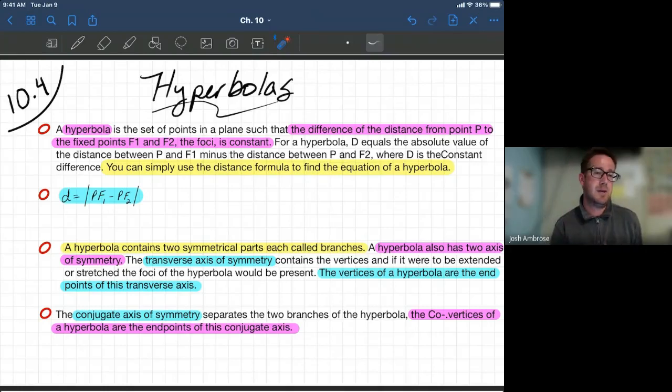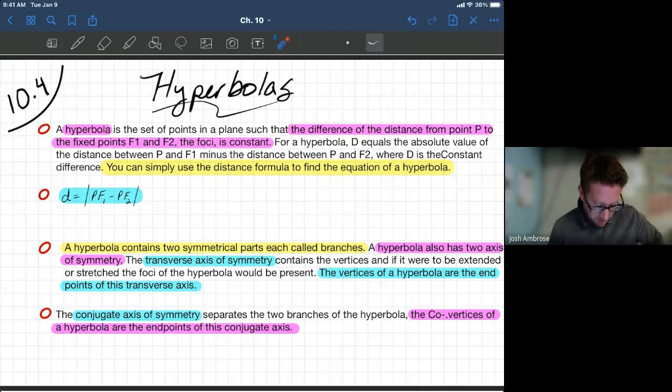So you've got the hyperbola. Remember, we're finding the distance between a point and the fixed focus F1, and then the distance between the point and the fixed focus F2. Then we subtract those two distances to get our final solution for distance.